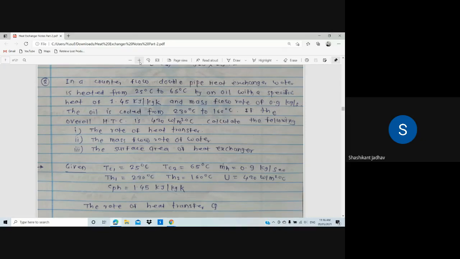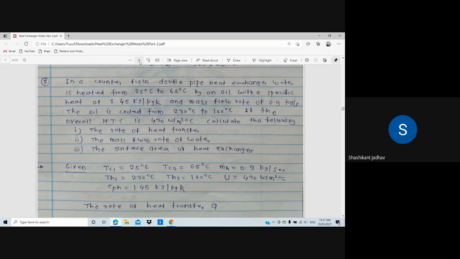calculate the following. Write down first, the rate of heat transfer.